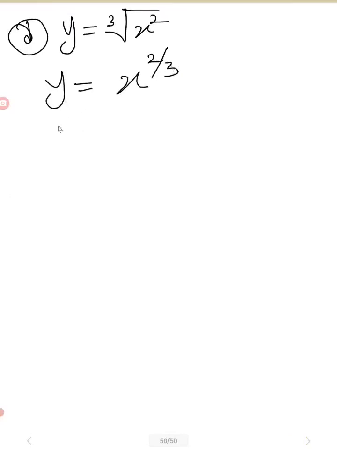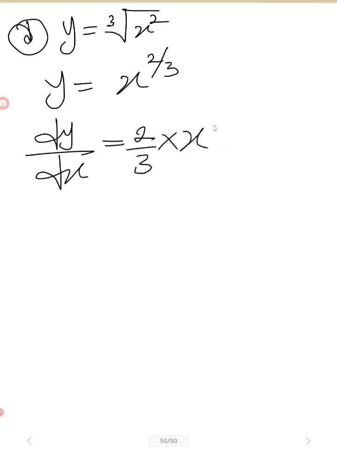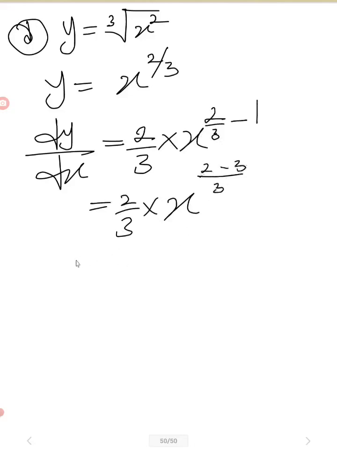So we just have to say that dy over dx is equal to 2 over 3 times x raised to 2 over 3 minus 1. So which is 2 over 3 times x raised to minus 1 over 3.